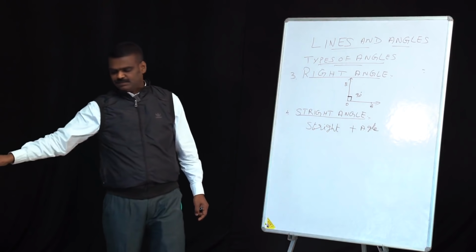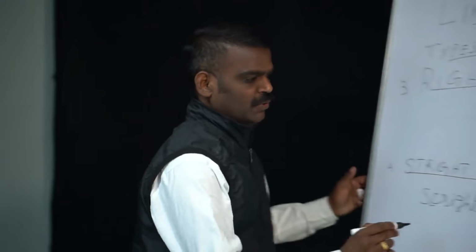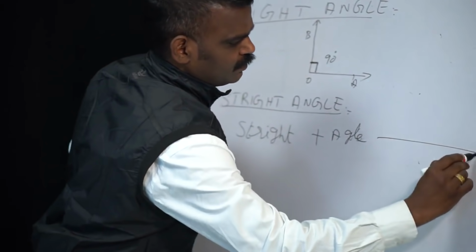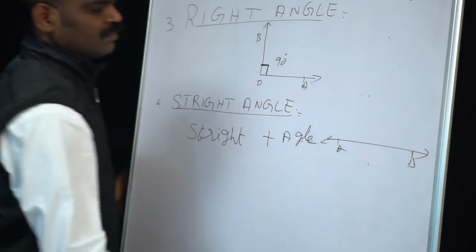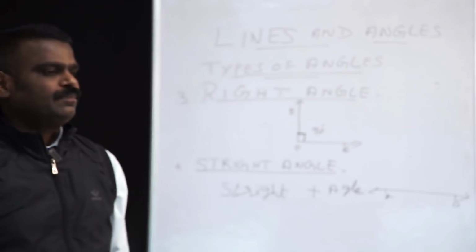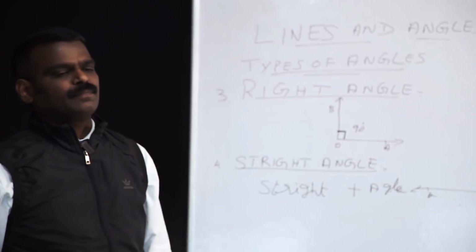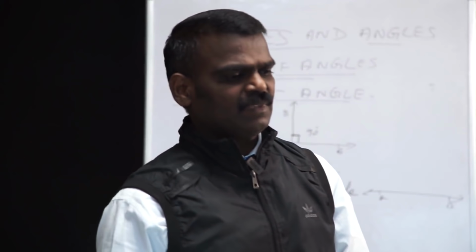Straight angle means, you know very well, line AB. AB is a line, that is straight.